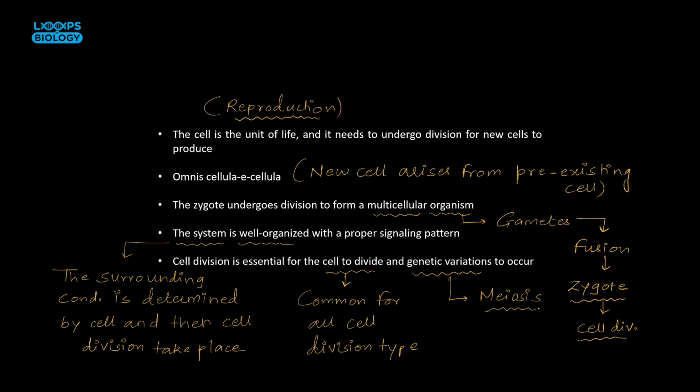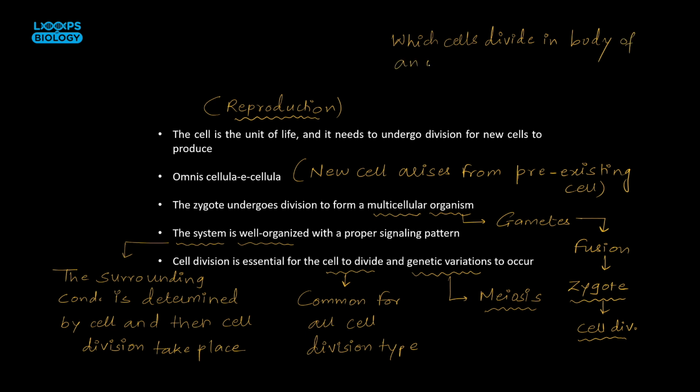And can anyone guess which type of cell inside a body will divide? Is there any specific type, or all the cells of body will start dividing? So which cells divide in the body of an organism?